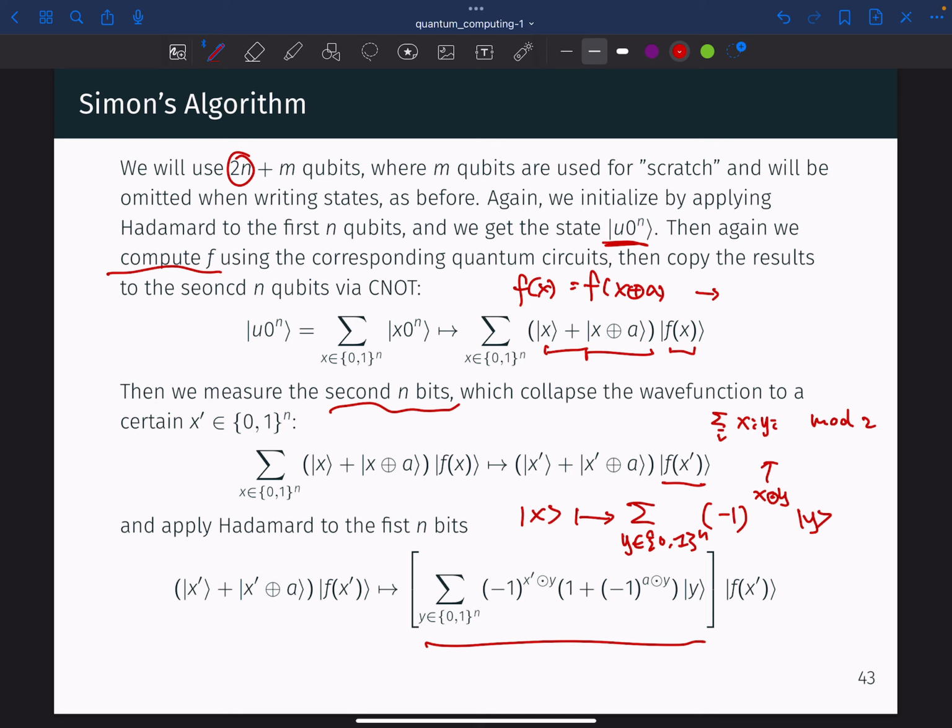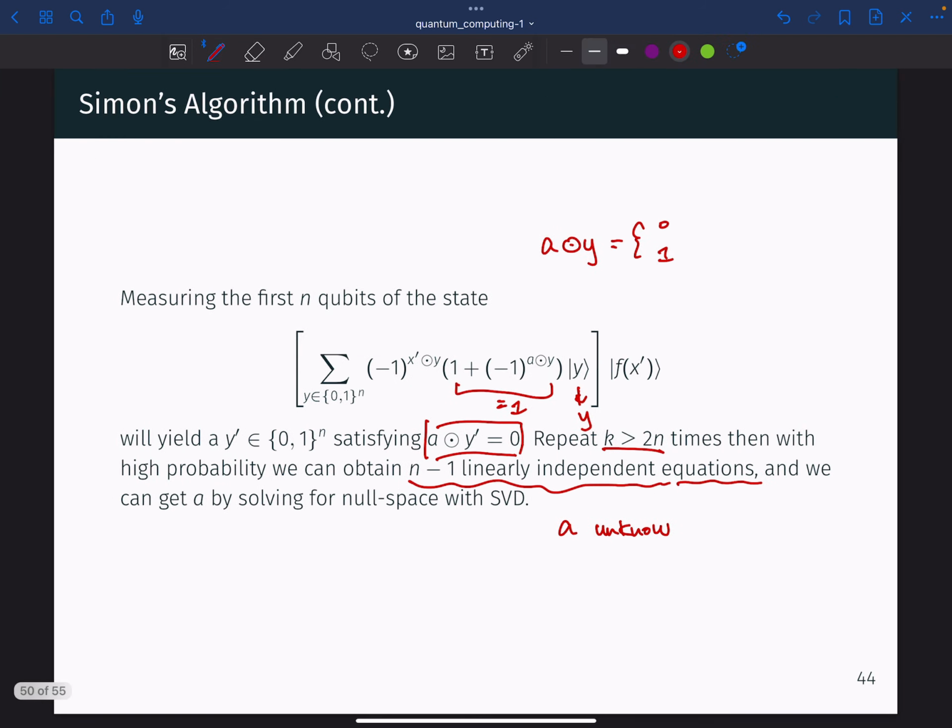So in total, each computation takes a polynomial number of steps. You have k times poly n, which is still poly n. So the whole operation can be done in poly n time, and that's a very dramatic speedup compared to the classical version.